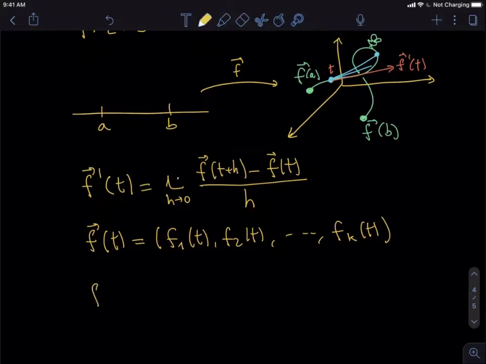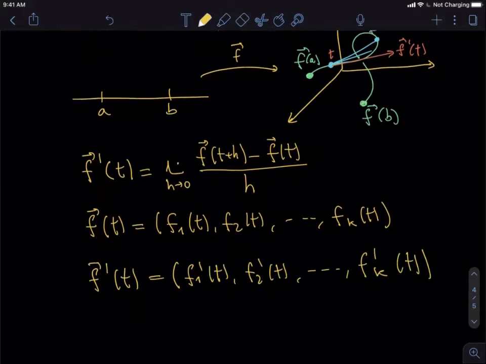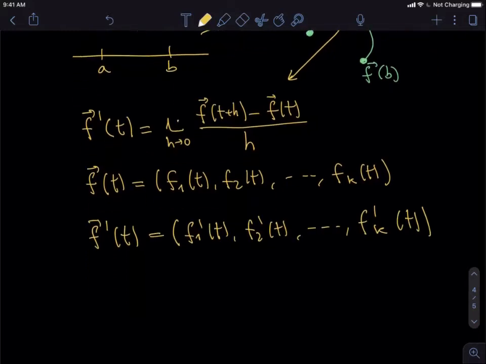It's clear that the derivative at t is going to be the derivative of each of the individual components. Okay, so that's how you compute it. So we say the function is differentiable if each of the components is a differentiable function as a real function.